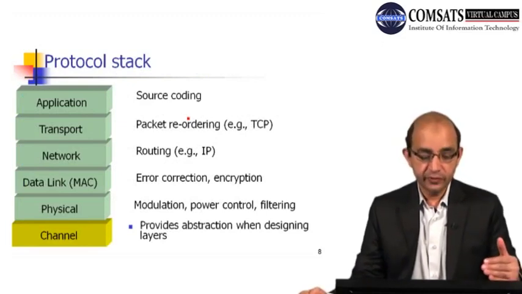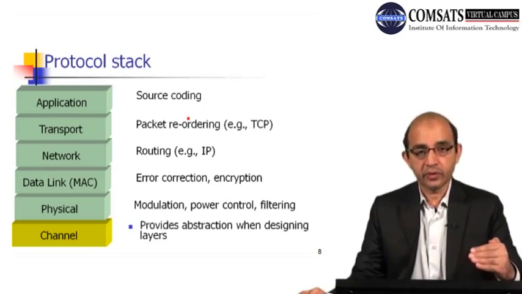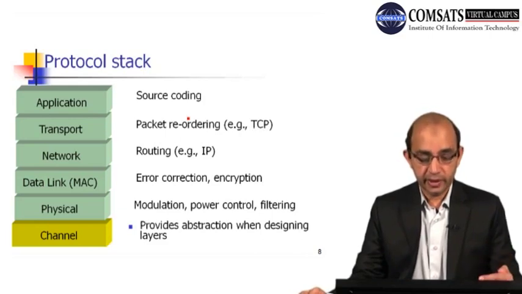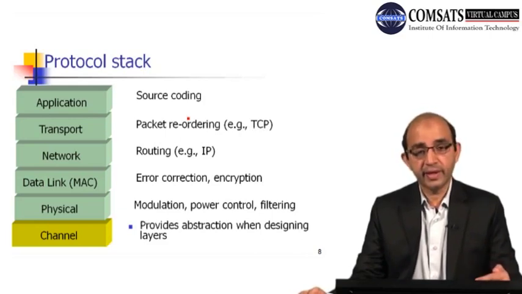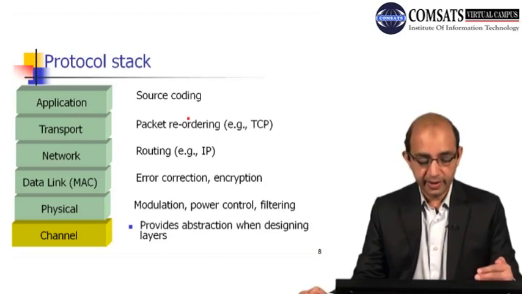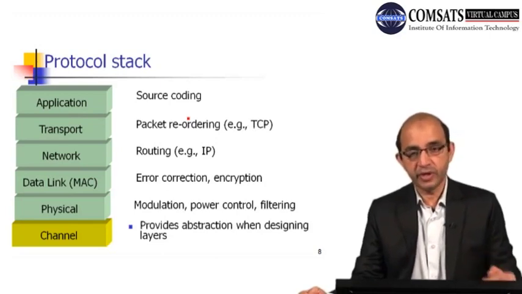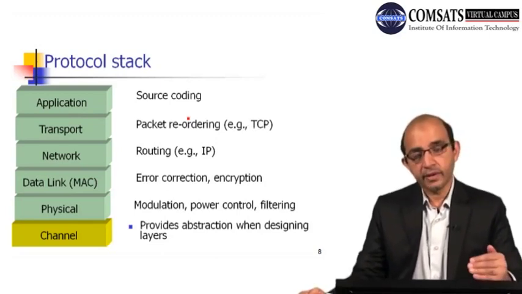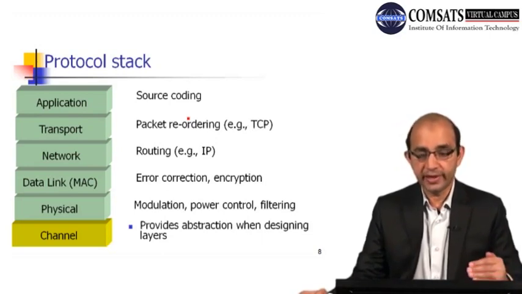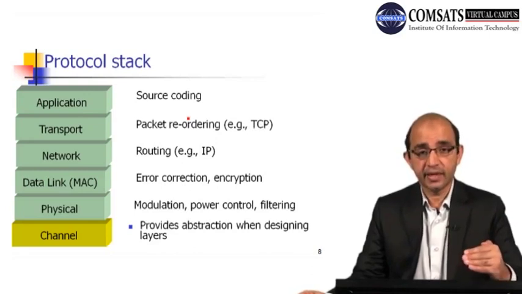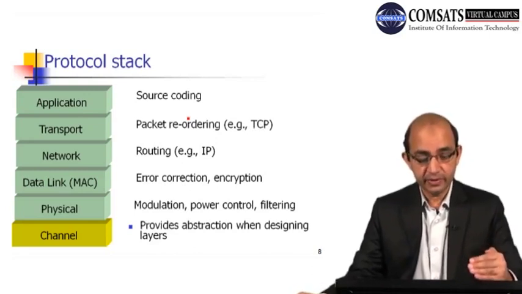So you can see that we are using a layered approach, right? At the top we have the application layer, transport layer, network layer, data link layer, that is also called the MAC layer, physical layer, and at the bottom we have the channel. So the layered approach is followed over here in order to isolate different tasks and different mechanisms, right?